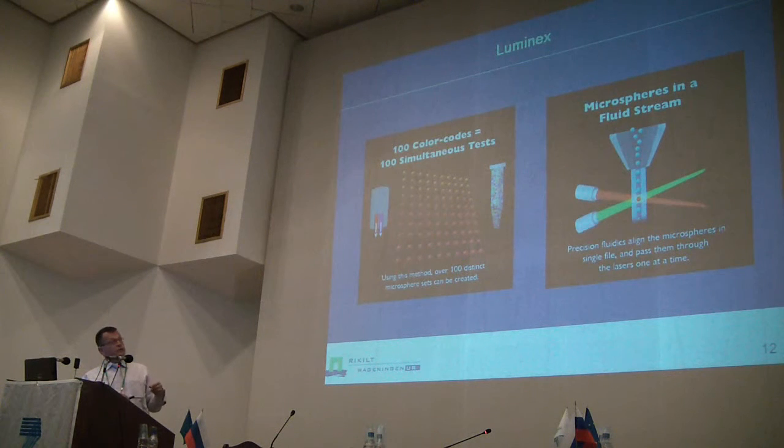And by making different concentrations in the dyes, from one dye in that direction and from the other in that direction, you can create 100 different types of beads, detectable by the red laser.